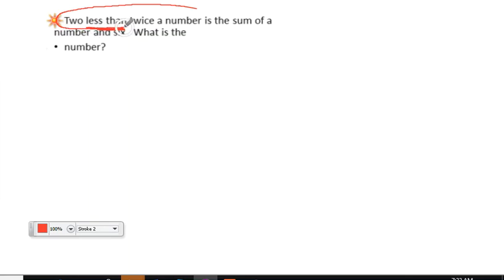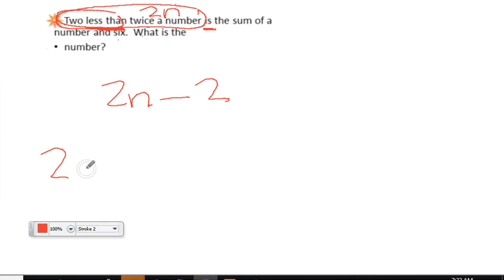So this is 2 less than twice a number is. Okay, so let's write the part that's in red first. So 2 less than twice a number. So twice a number looks like this. It's 2 times a number, right? But then we're going to have to do 2 less than that. So we have to write down twice a number first and then 2 less than that.